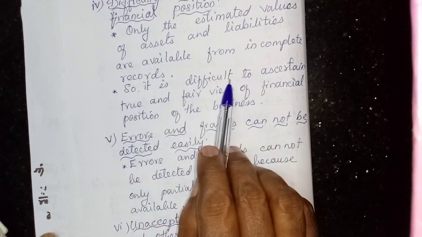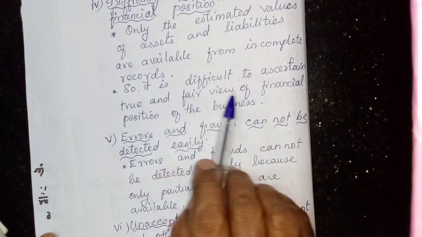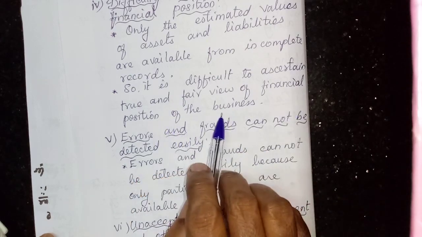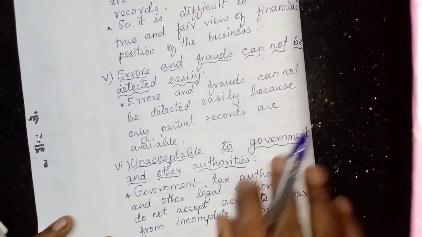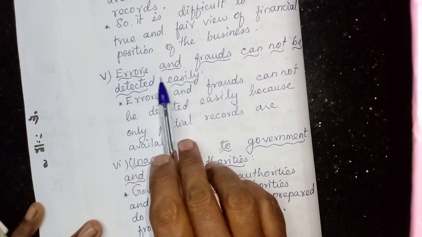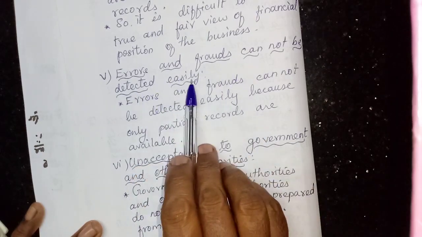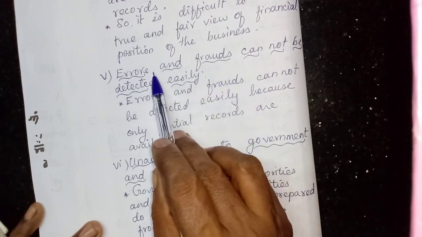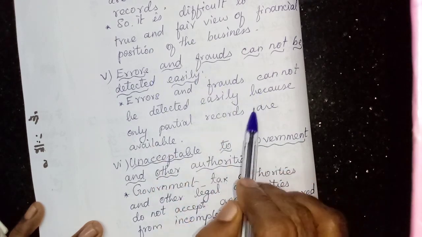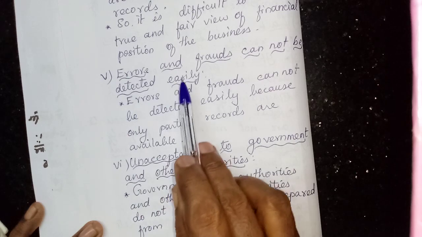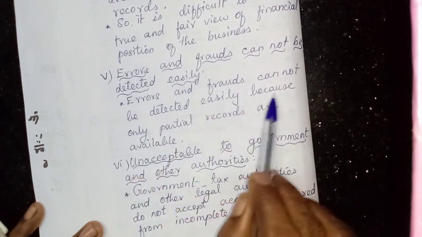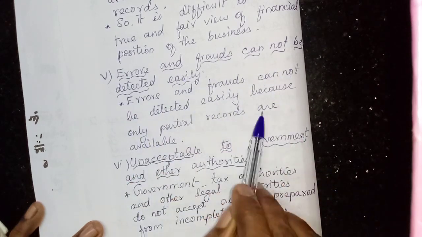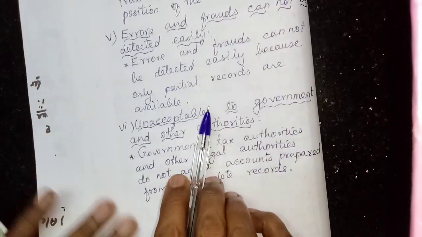So it is difficult to ascertain a true and fair view of the financial position of the business. The fifth point is errors and frauds cannot be detected easily, because only partial records are available. Only this much you have to study.